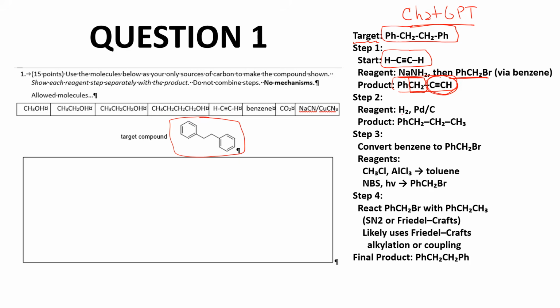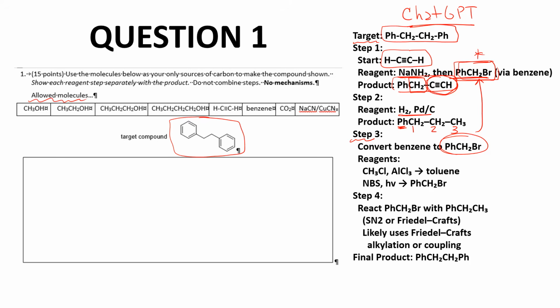What's next? Well, ChatGPT wants to reduce the triple bond to give, again, 3 carbons coming off of our left benzene ring, and we're down kind of an odd side path. Note that step 3 is about making this structure, and this is not an allowed starter material. So a student would have to say, okay, I got to make this somehow from our allowed starting materials.